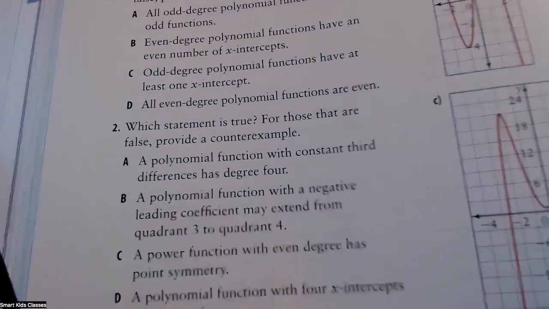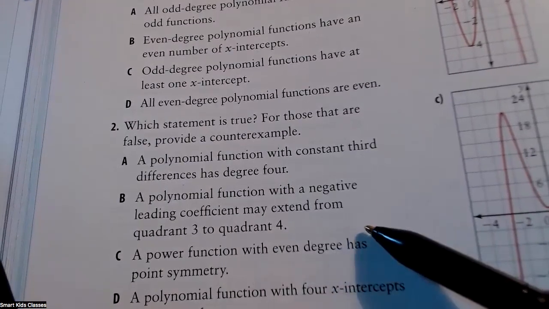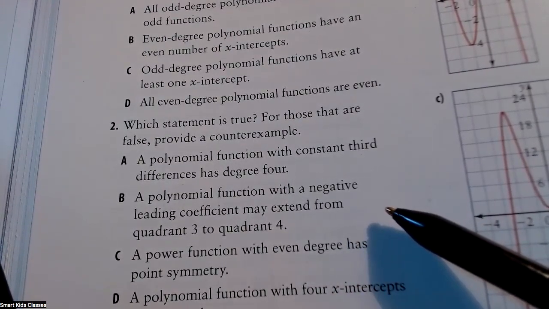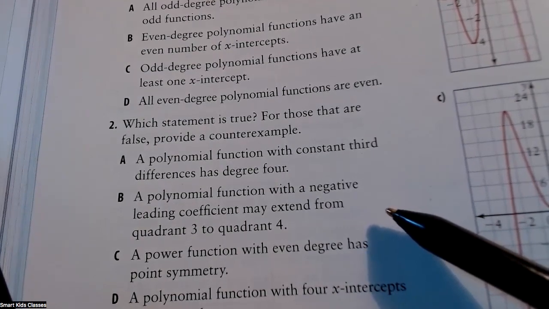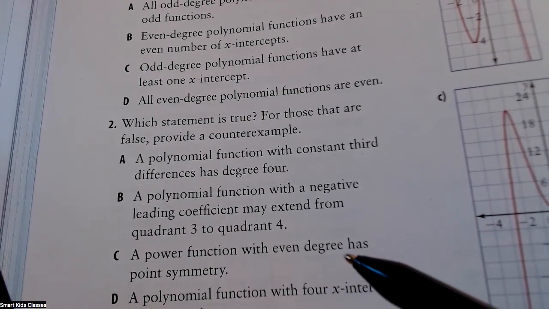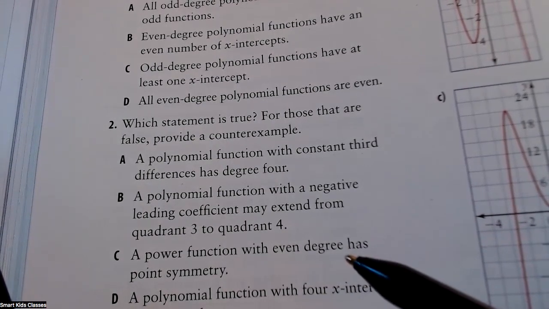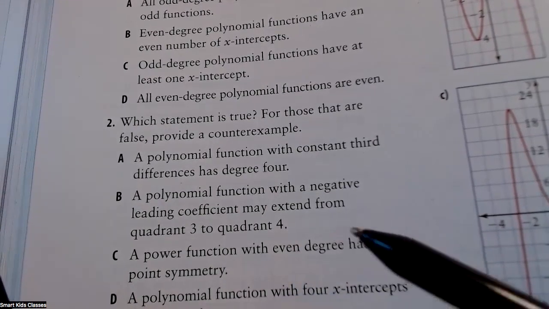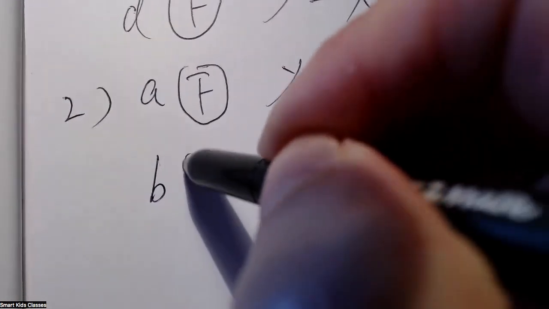Now for B. Question 2B: a polynomial function with a negative leading coefficient may extend from quadrant 3 to quadrant 4. Is this true? Yes, if it's an even degree. So we're going to mark B true.